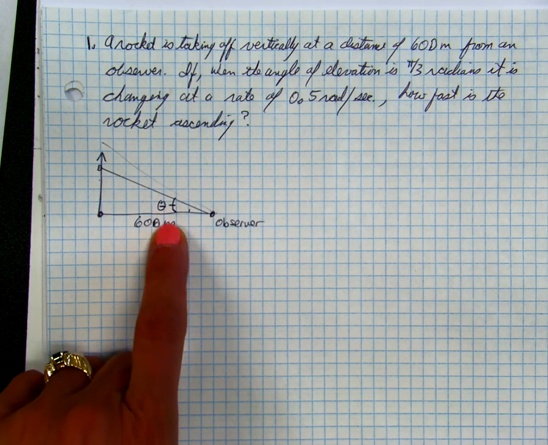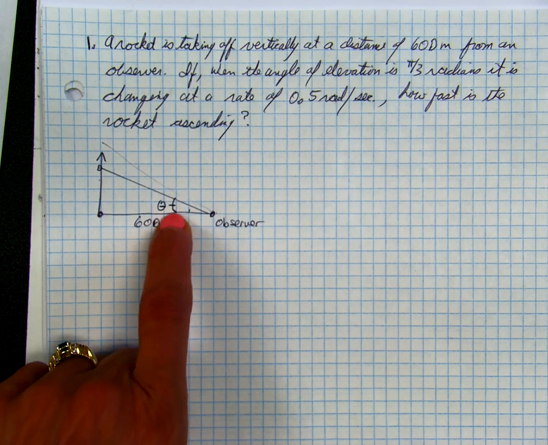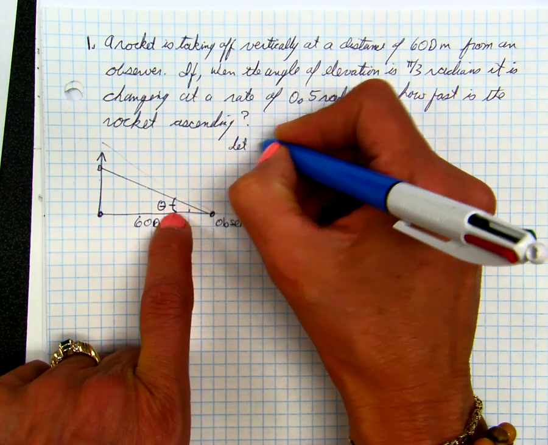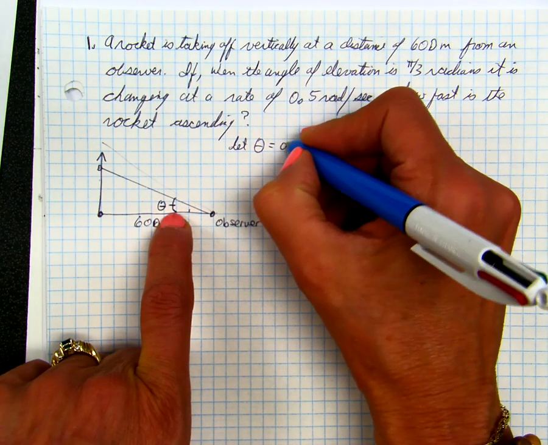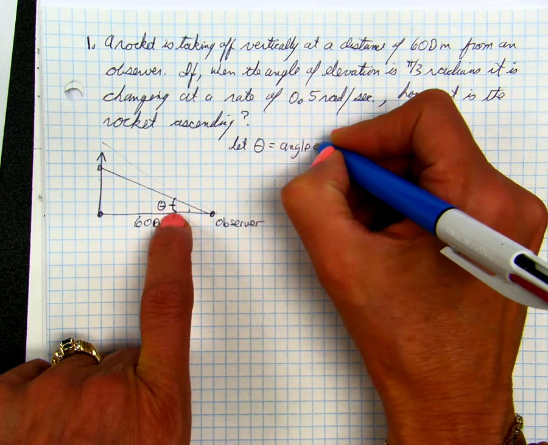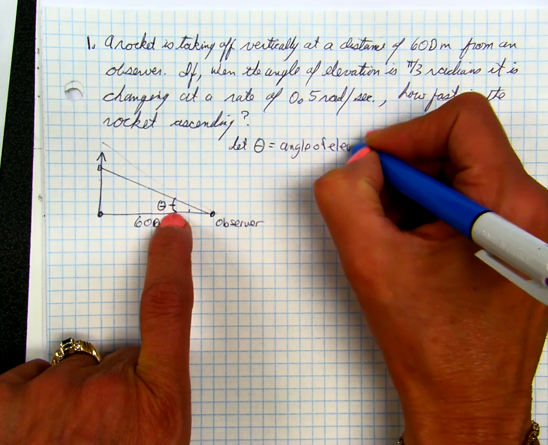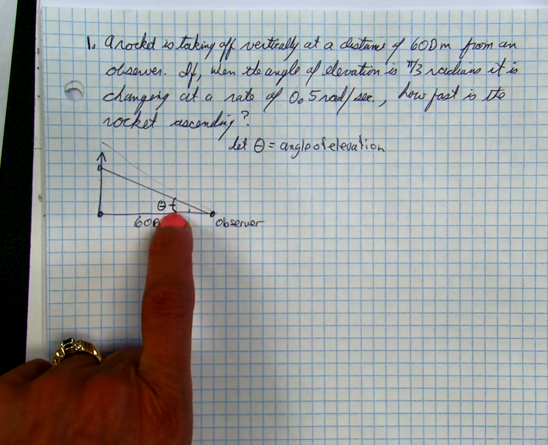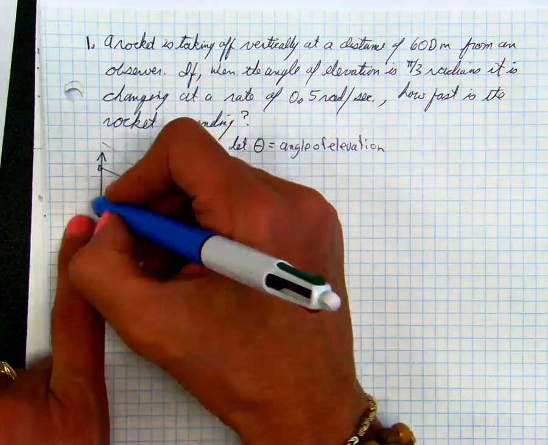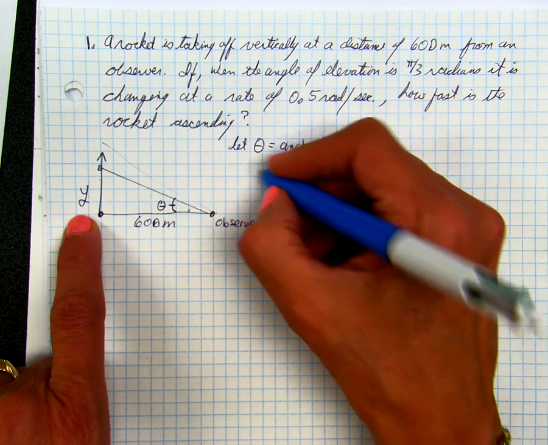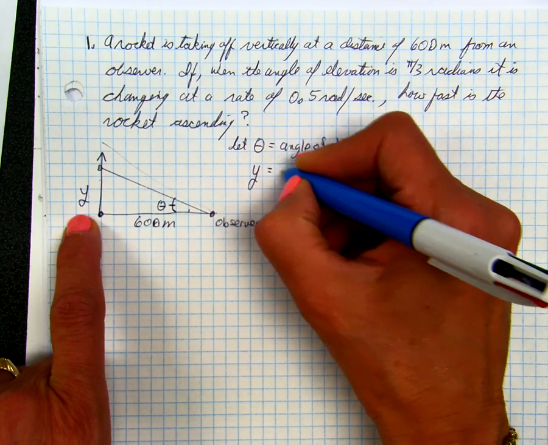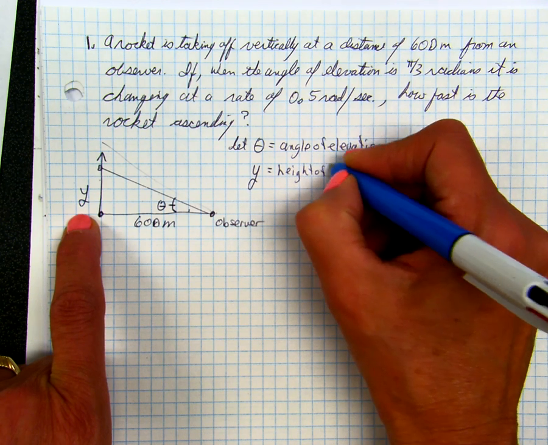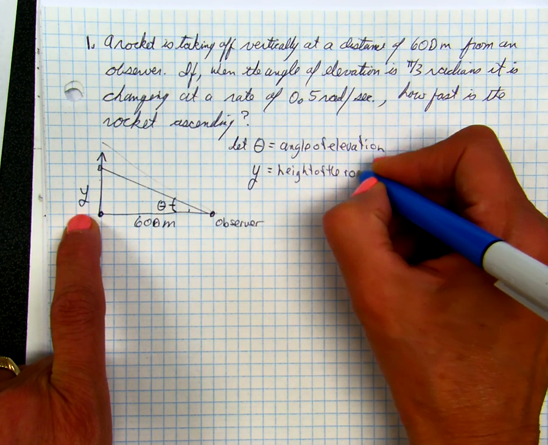Okay, so let's just start off by listing our variables. Let theta equal our angle of elevation. And what else do we have here? I'm going to call this y. I'm going to let y equal the height of the rocket.